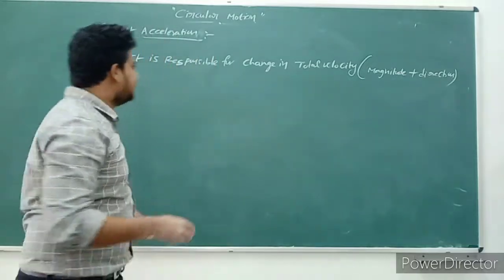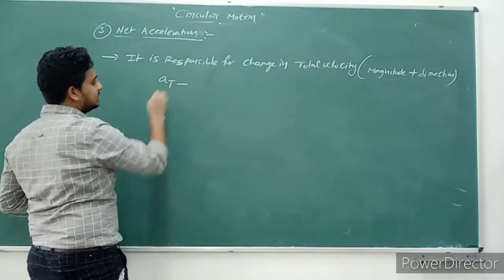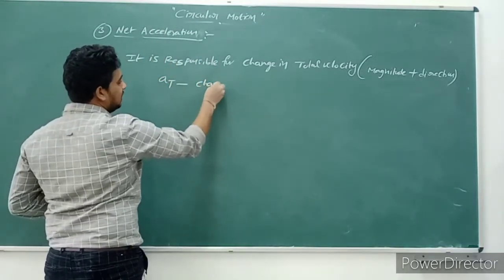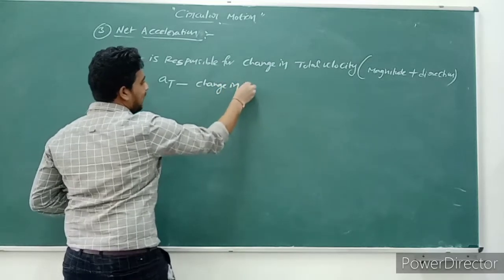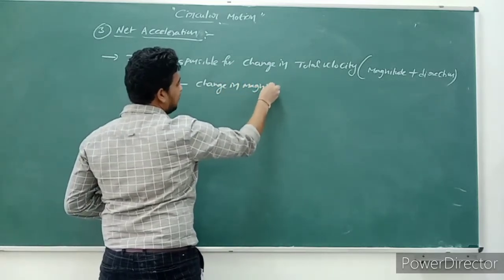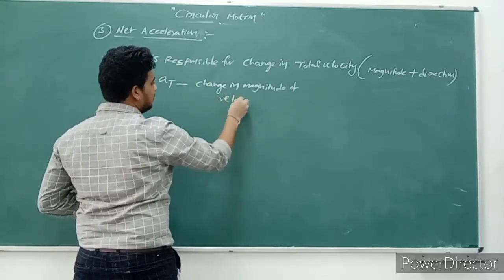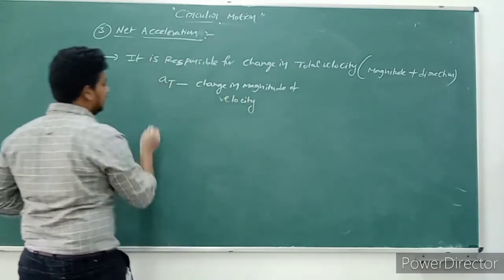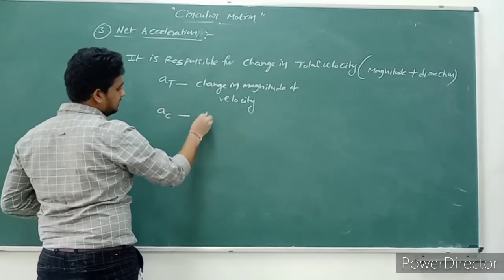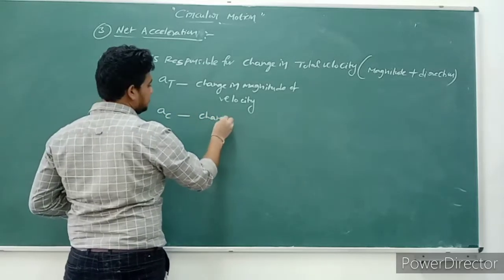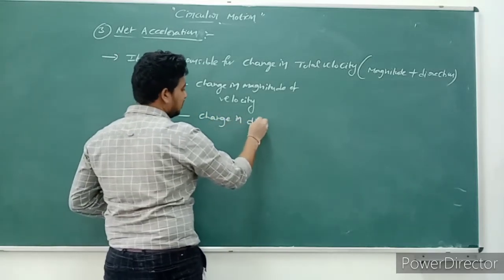Generally, AT is responsible for changing the magnitude of velocity. AC is responsible for changing the direction of velocity.